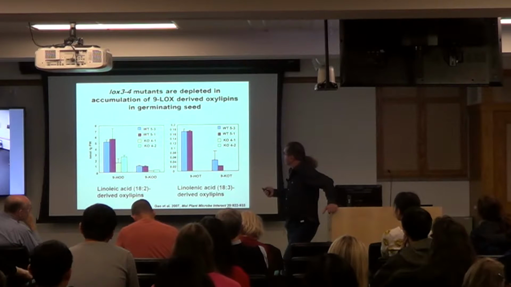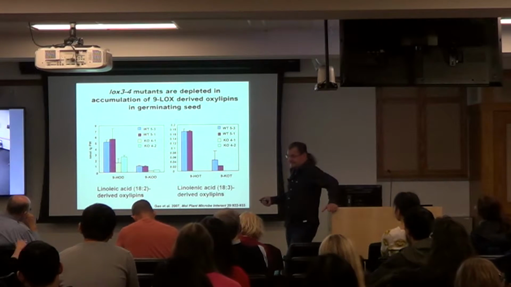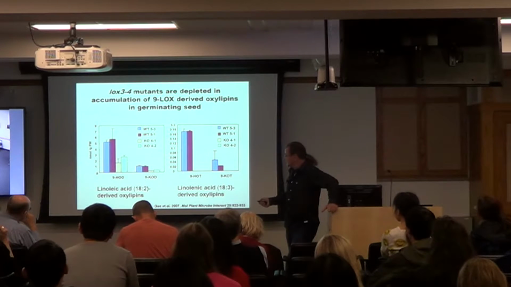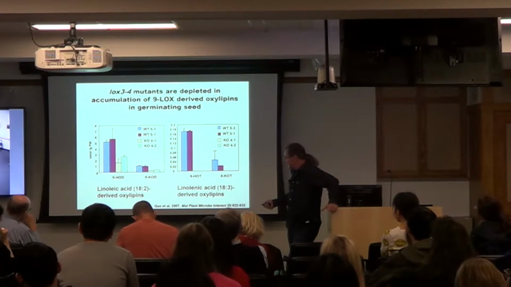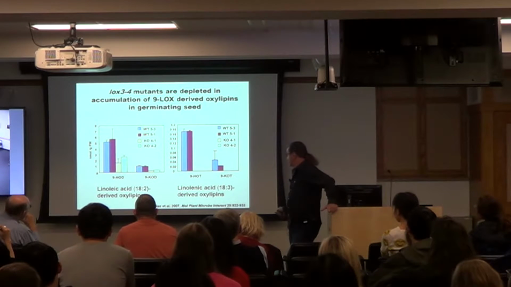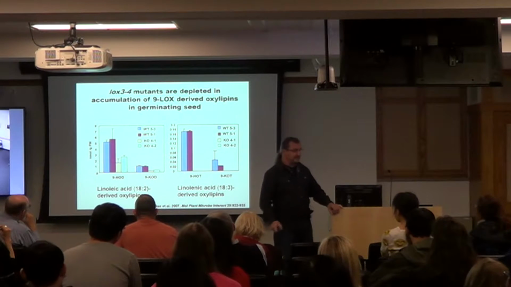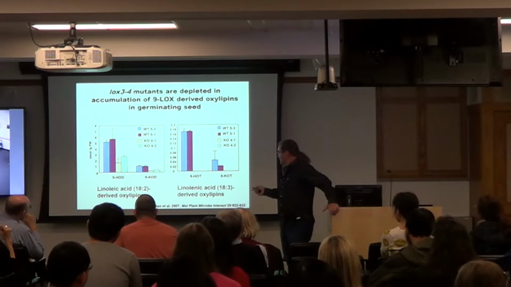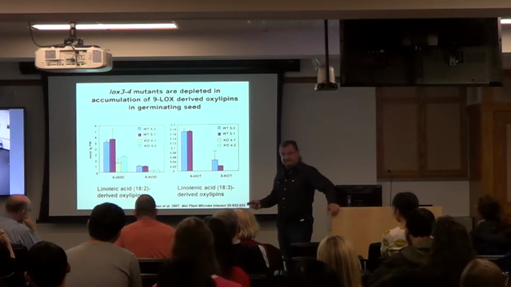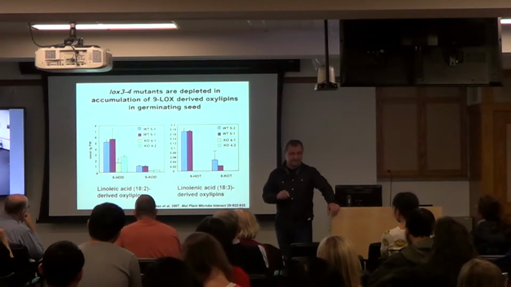When we knocked out LOX3, we screened seed for production of oxylipins and found that 9-HODs produced from linoleic acid and 9-KODs were reduced, and 9-HOT, an oxylipin derivative from linolenic acid, is completely gone in this LOX3 mutant. So they are 9-oxylipin deficient. LOX3 is not involved in jasmonic acid directly, it cannot be.